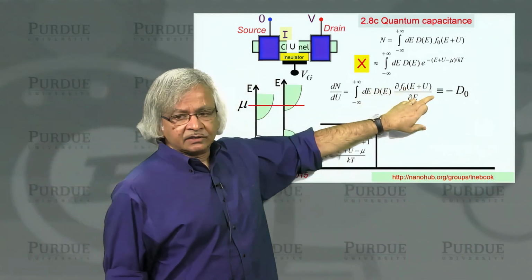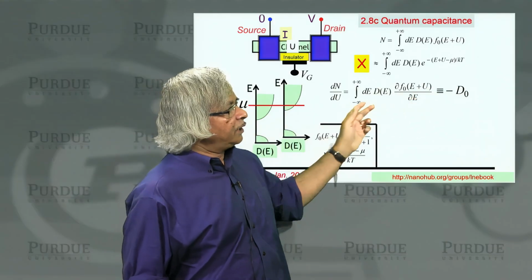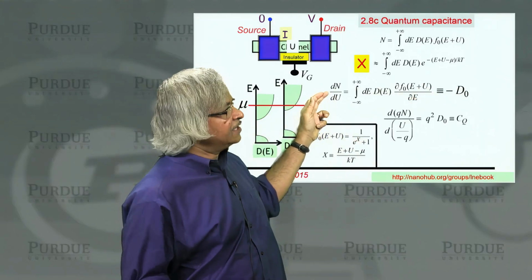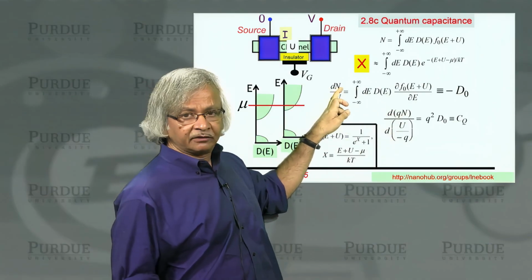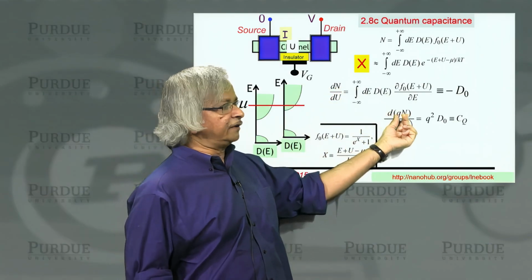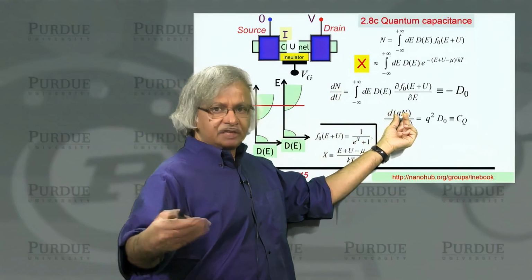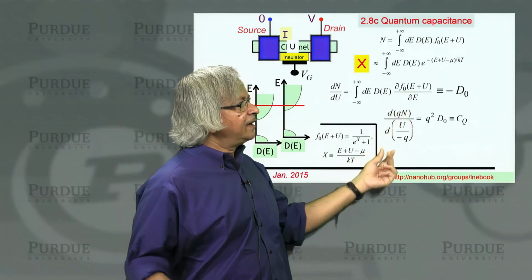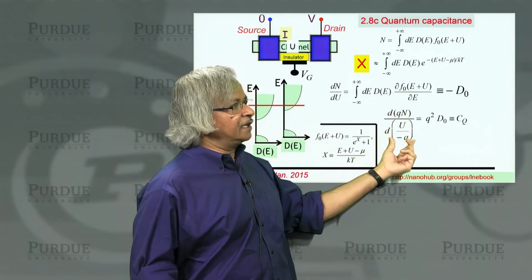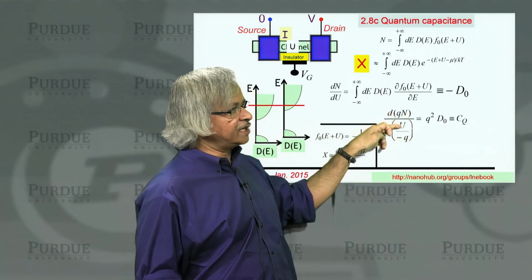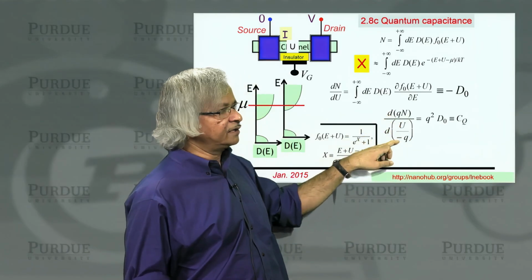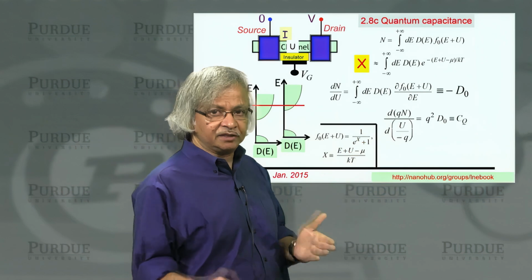So that's this. Now, we could write the change in the charge, that is, n is the number of electrons, so d of qn is the charge due to those extra electrons, due to a change in the potential in the channel. The potential energy in the channel is U, but if you divide it by minus q, you get the change in the potential.